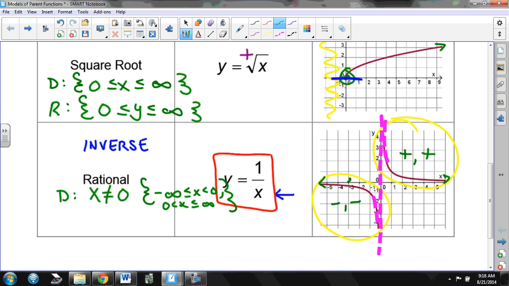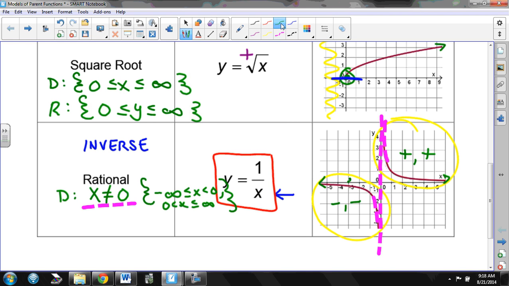We can include all the negative values, not including 0. We can include all the positive values, and again, we're not including 0. It's just a lot easier to write it this way. X can take on any value except x equals 0.